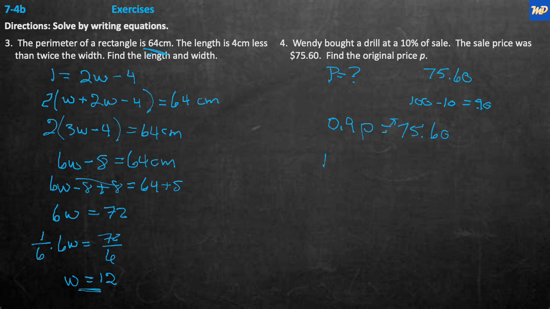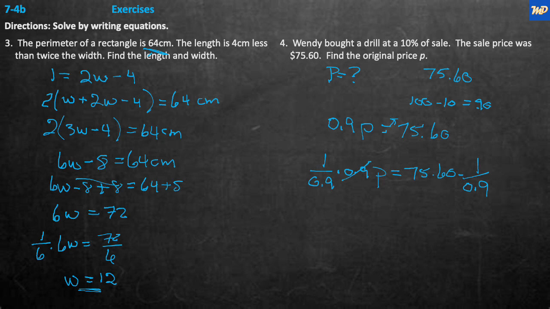So 1 over 0.9 times 0.9P is equal to 75.60 times 1 over 0.9.